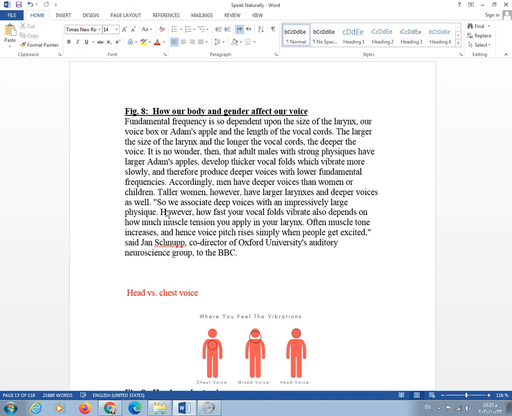When men speak, for example, their vocal folds open and close only 150 times, but for women their vocal folds vibrate يعني about 300 times, almost the double.